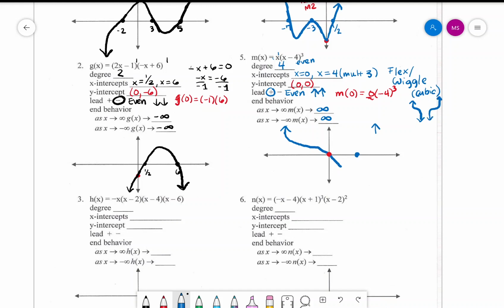Where you want your x-intercept to be is right in the middle of the wiggle. Okay, so it's really that turning point at the wiggle. You do want to see a little bit of a horizontal-ish section, so it doesn't just look like it's going through as if it had a multiplicity of 1.